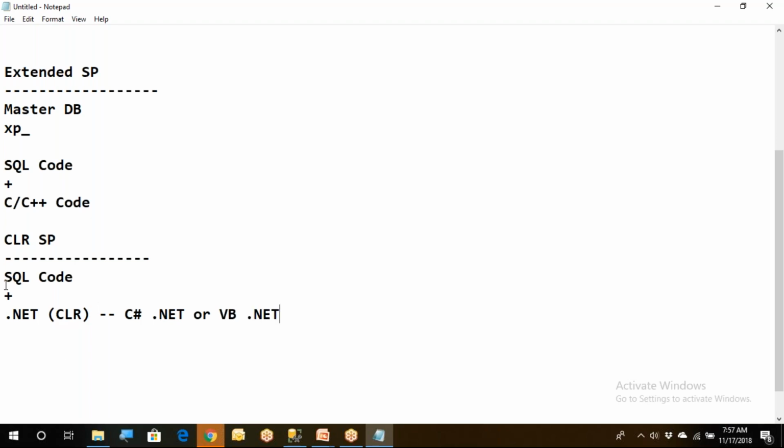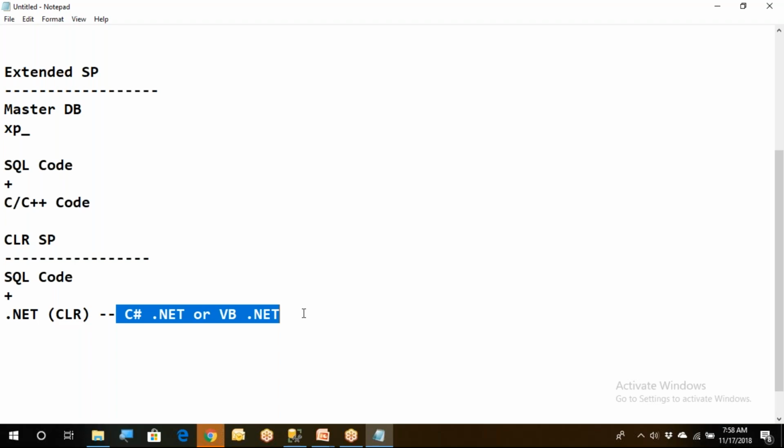So instead of writing C, C++ code today, people can also create very complex operations. For that purpose, you can write the SQL code as well as the .NET code you can include. .NET is also called CLR, Common Language Runtime. For this purpose, you have to know C sharp .NET or VB.NET. This code will be part of the SQL Server database only, but the .NET developer has to write the code, not the SQL developers.